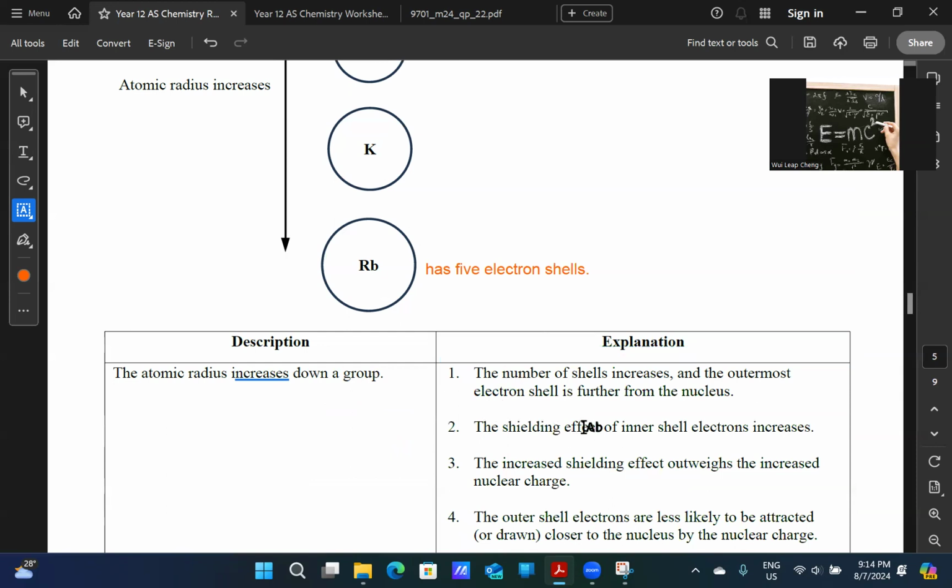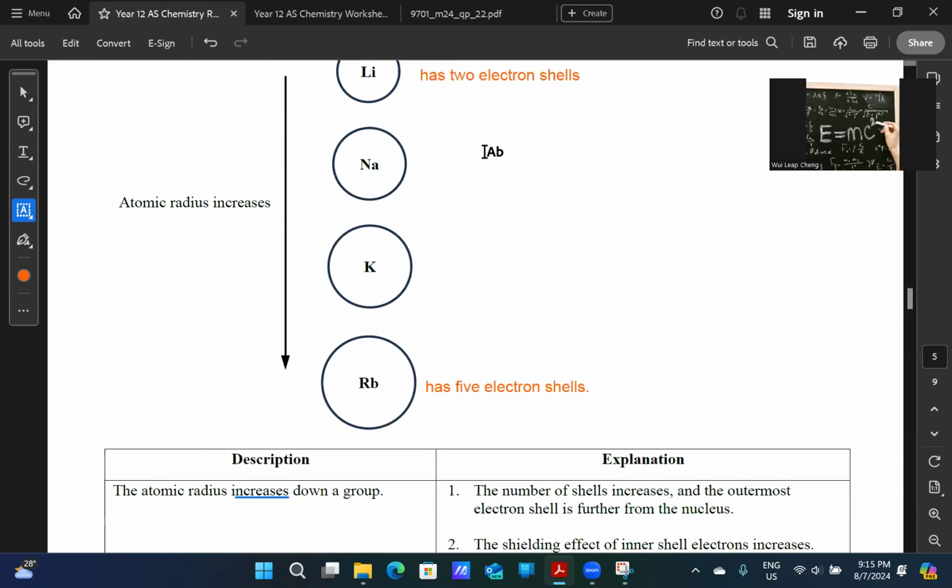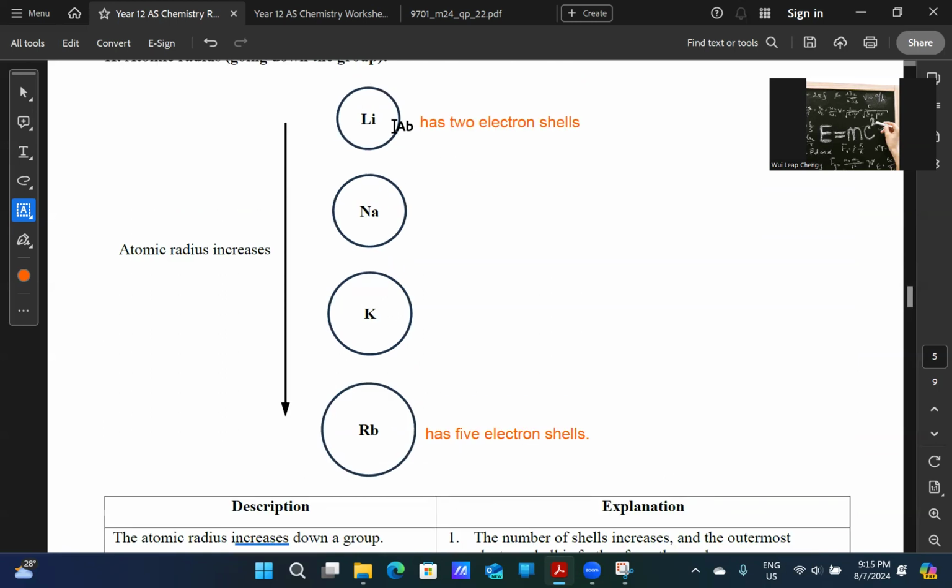The shielding effect of inner shell electrons increases. As you can see, the number of inner electron shells keeps increasing, right? Okay, for example, how many inner shell electrons does lithium have? It has 1, because overall it has only 2 electron shells. So lithium has 1.